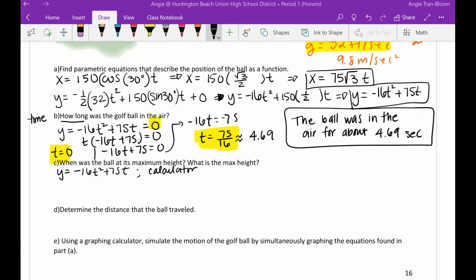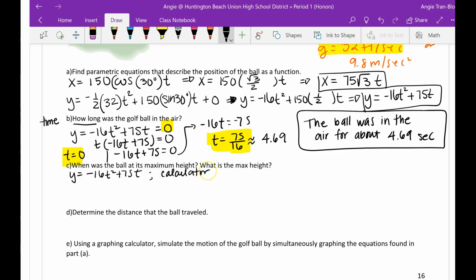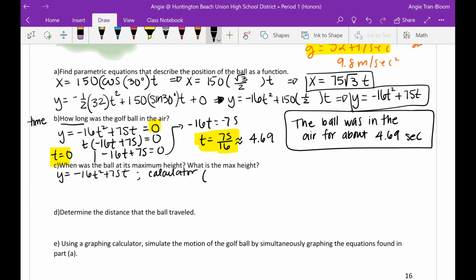Based on the calculator, it says, oops, why am I saying negative? I am so sorry. I meant positive 2.34, comma 87.89. Well, this is really talking about time, right?